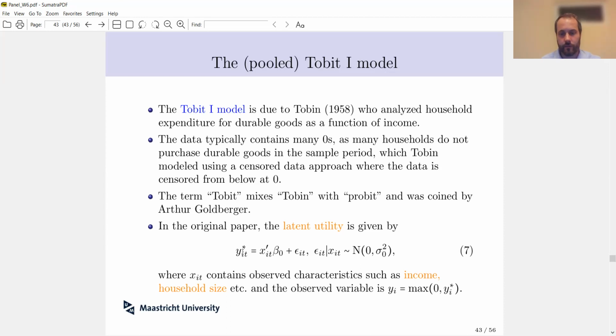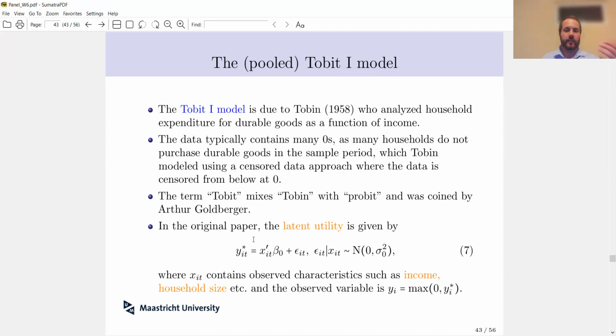So when the utility of a new car, given all the costs, is positive, then this household purchases a car, and you observe the actual value of the car, or the expenditure. But if the utility is negative, for instance, the family says the current car is still good and the new one costs too much, then you don't observe anything. You actually observe zero expenditure.